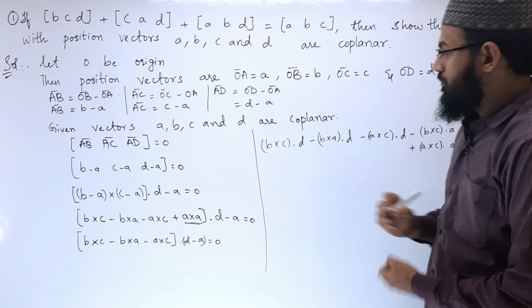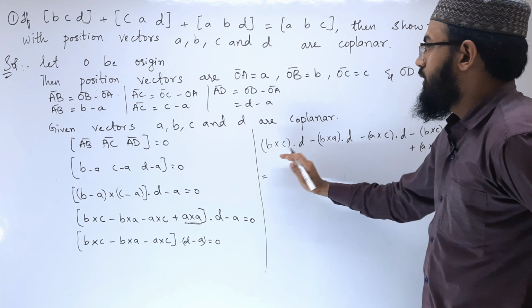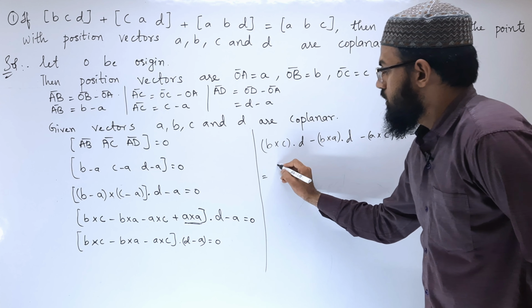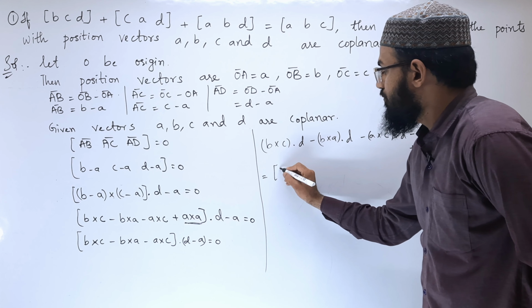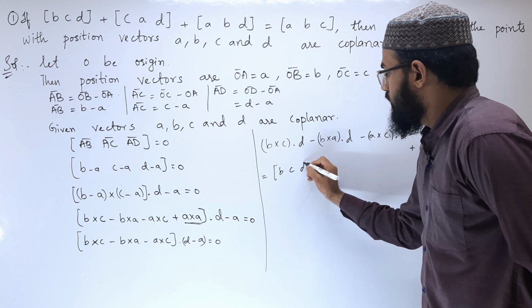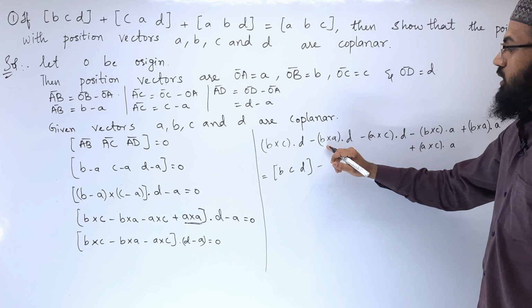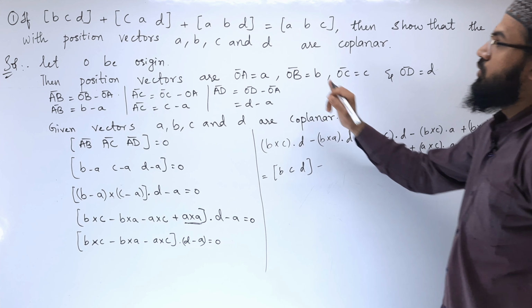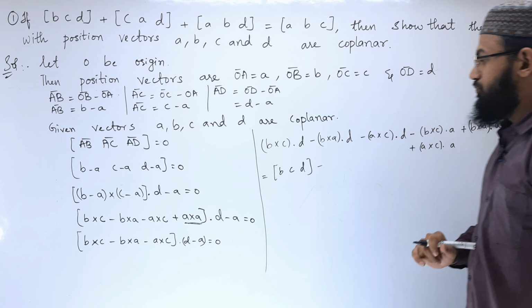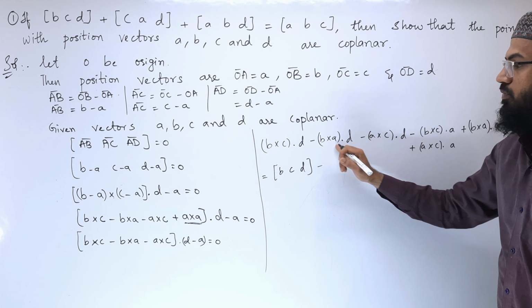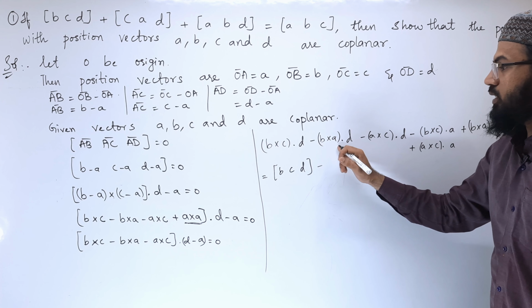Here we can write this as the box product of B, C, D. Next is B, A, D, so here it is A, B, D. When we interchange and write A cross B, we get a minus.